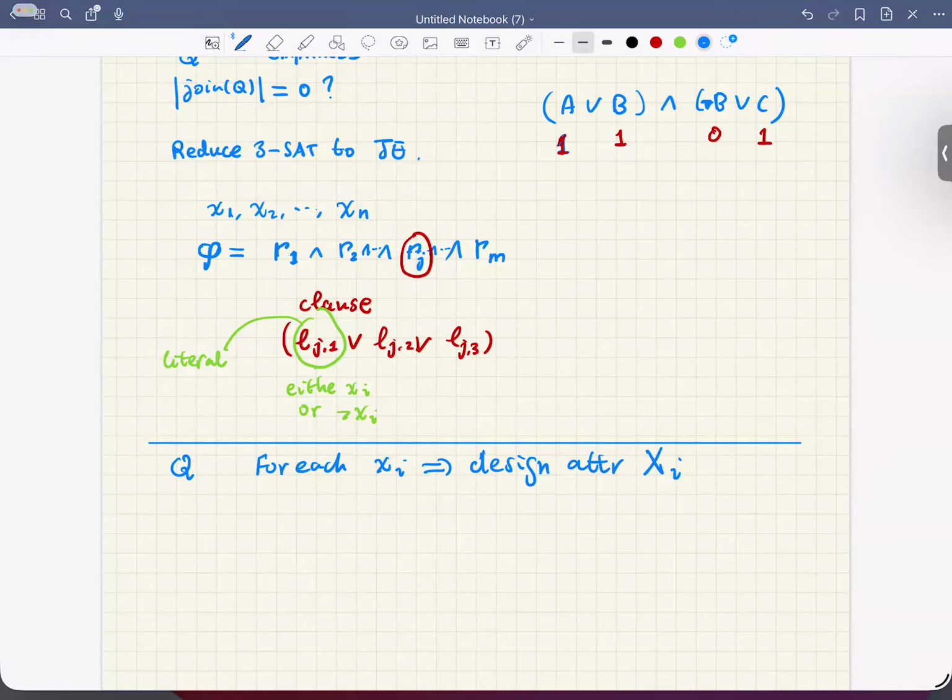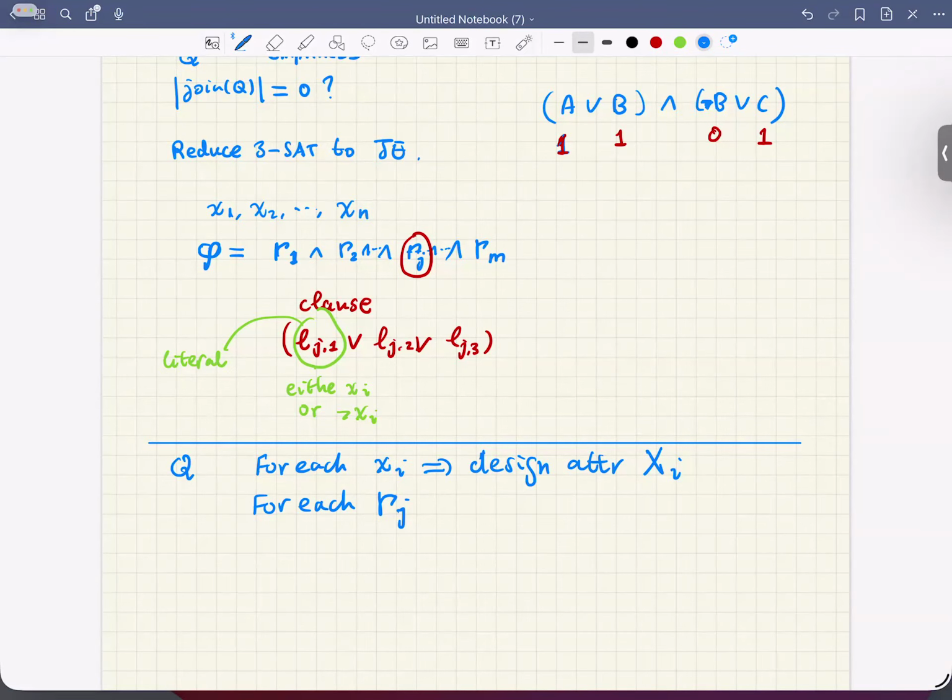Now, let's design the relations. For each clause, let's say the clause is gamma j. You know this gamma j has 3 literals, and every literal uses one variable, so either xi or negation of xi.